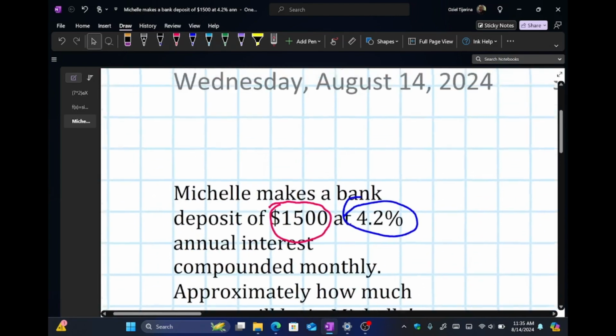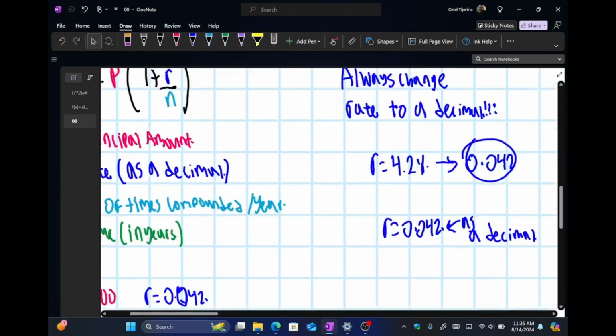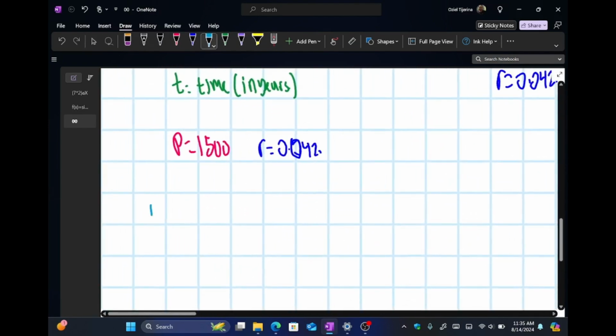It's compounded monthly, and there's 12 months in 1 year, so N is equal to 12.